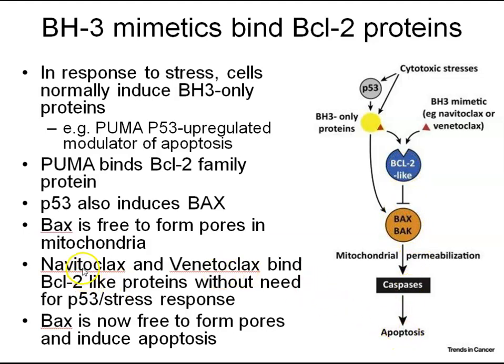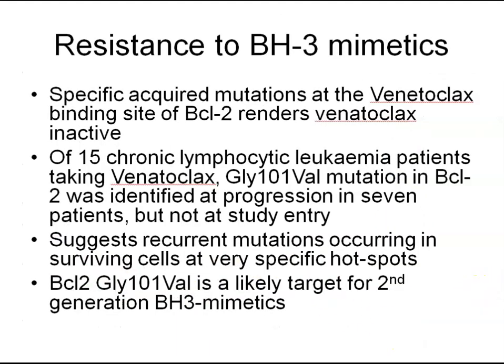So these are pro-apoptotic. Although these do have activity, as always, there's going to be some sort of resistance mechanism present. What we find is if we treat cells or treat patients with venetoclax, venetoclax will render the BCL2 binding site inactive.